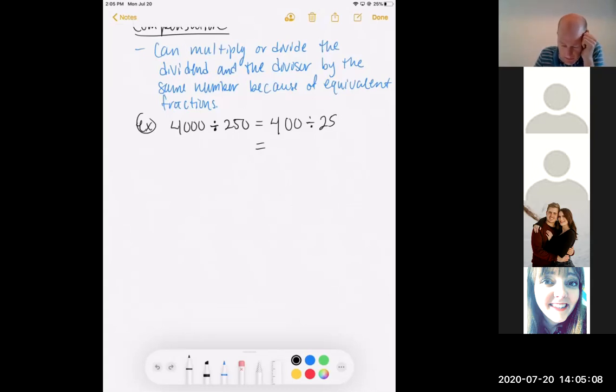Can anybody tell me what 400 divided by 25 is? You might be able to do the strategy we did before with rearranging to help you, or maybe you know money well enough that you can just say it.